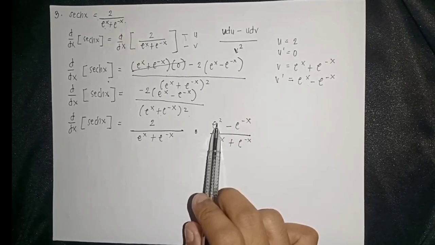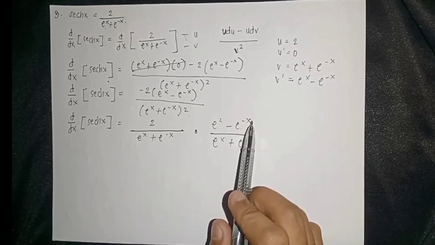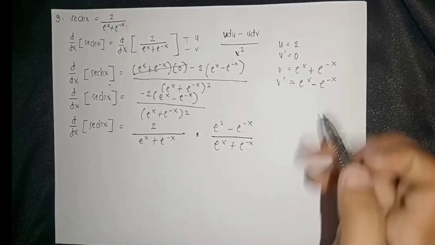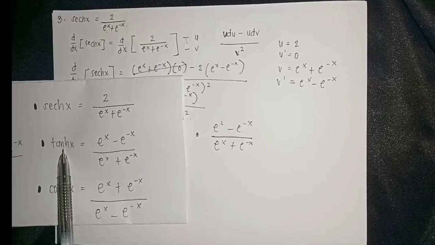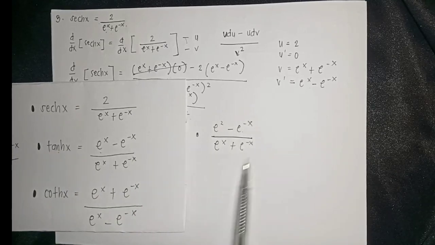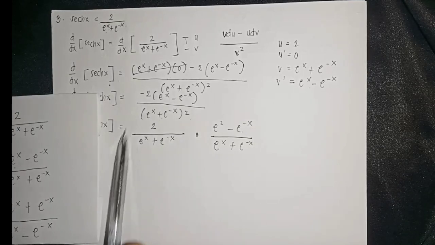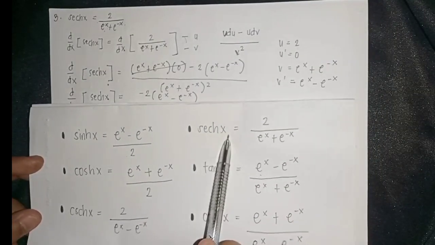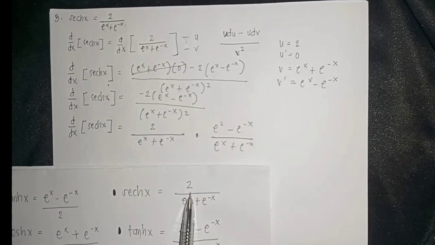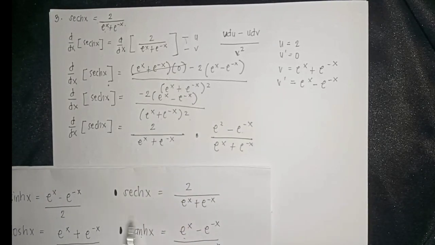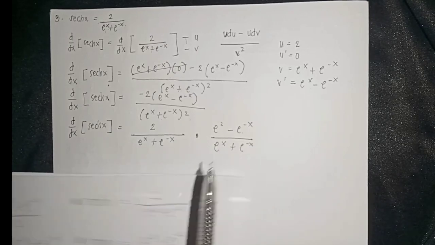The function on the right side, e raised to x minus e raised to negative x all over e raised to x plus e raised to negative x, we call the hyperbolic tangent x. On the left side, the function is what we call the hyperbolic secant x, which is 2 all over e raised to x plus e raised to negative x.